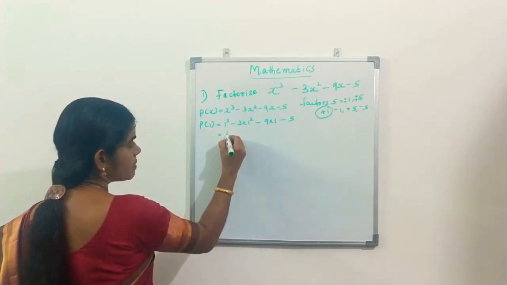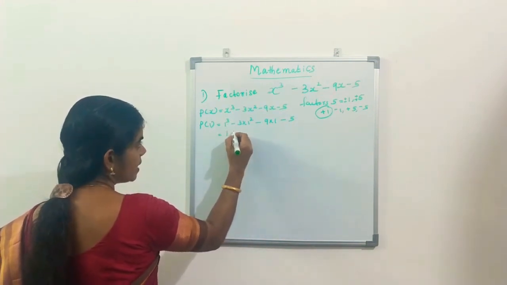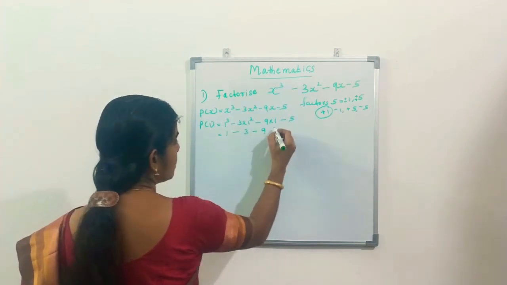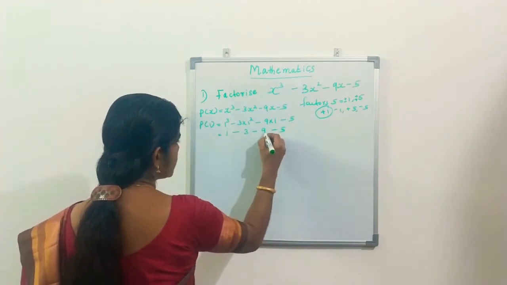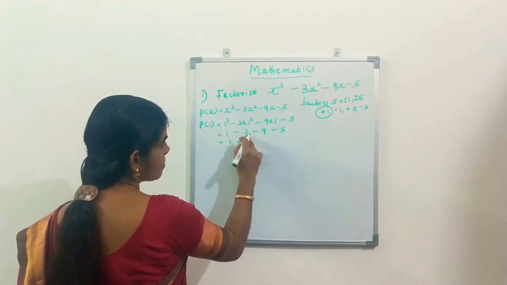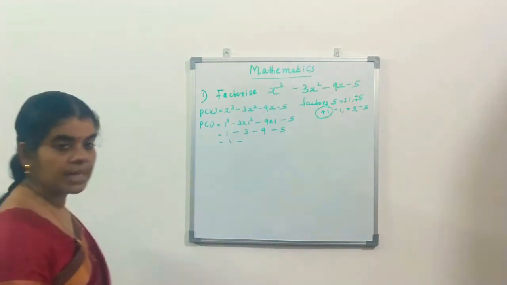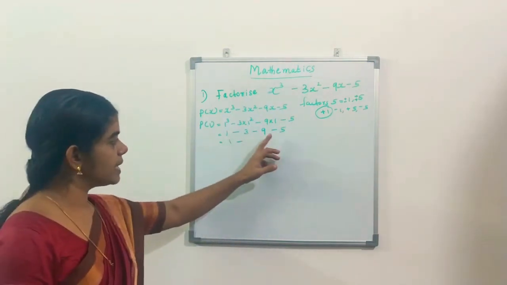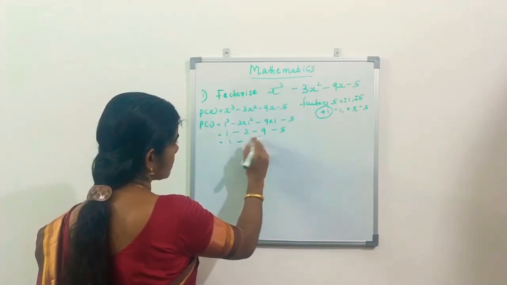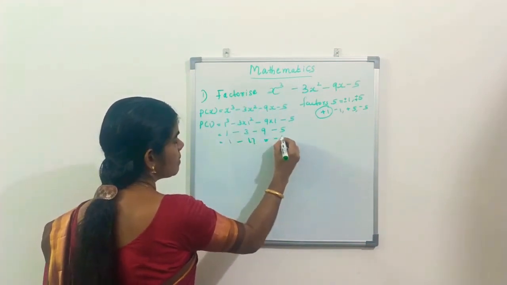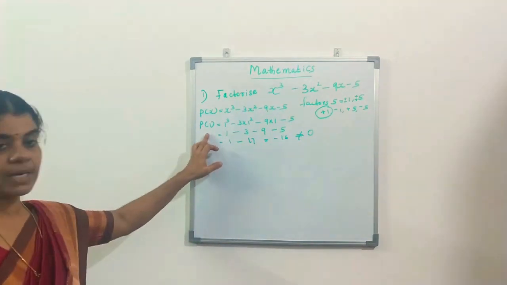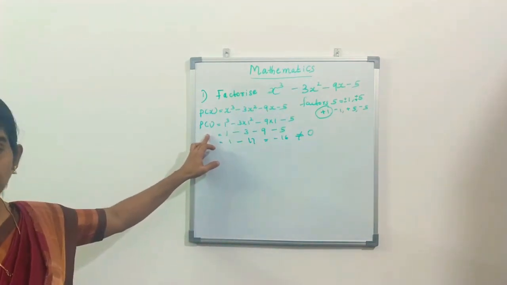Then 1 cube means 1, minus 3, minus 9, minus 5. Here all are negative: minus 3 minus 9 means minus 12, minus 12 minus 5 is minus 17. Minus 17 plus 1, you are getting minus 16, not equal to 0. Therefore, x minus 1 is not a factor.